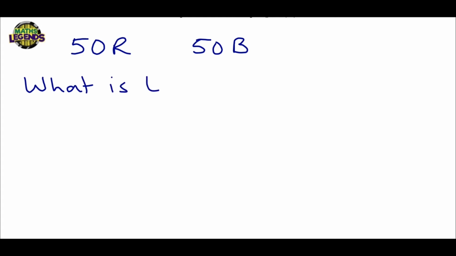Now let's consider an example where we are trying to work out the percentage. Let's say we have 50 red cars and 50 blue cars, and we are asked what is the percentage of red cars.